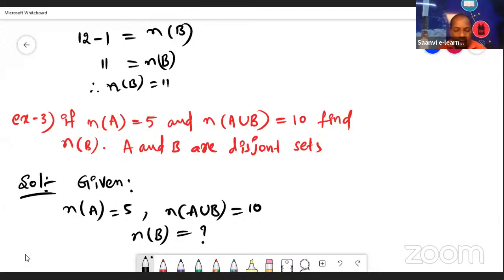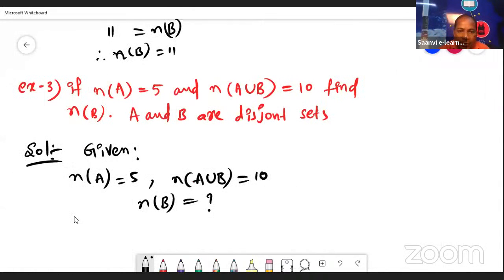Sometimes he may not say that A and B are disjoint sets, but we should understand. Say n of A is given, n of B is there, and n of A union B is there, but n of A intersection B is not given. That means we should understand A and B are disjoint sets.